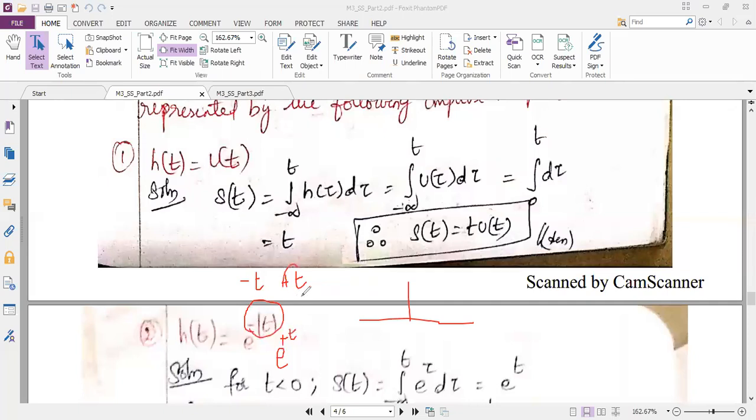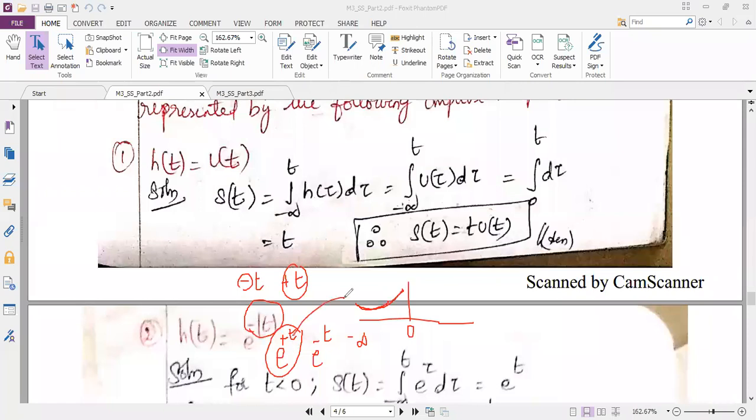Similarly, when I substitute plus t here, I will get e power minus t. I think here you don't have any confusion. We solved a similar problem in the previous class, the same concept. So I will get e power plus t when I substitute minus, that means from 0 to minus infinity, I have a signal like this. It is a rising signal.